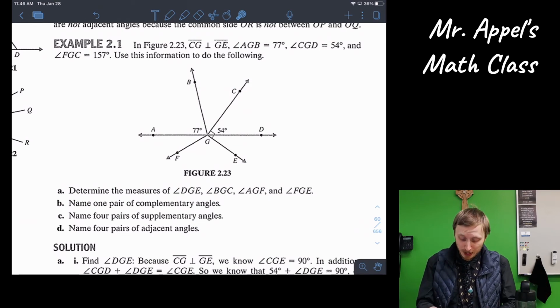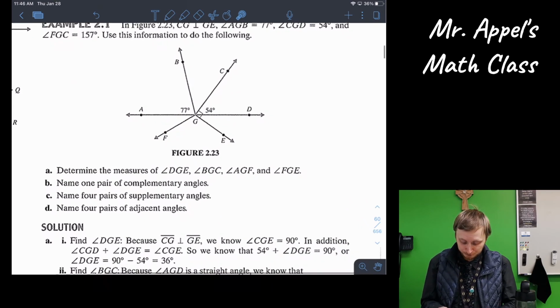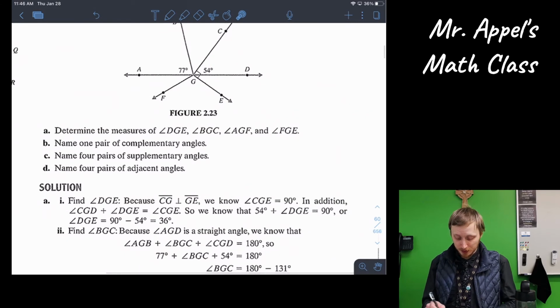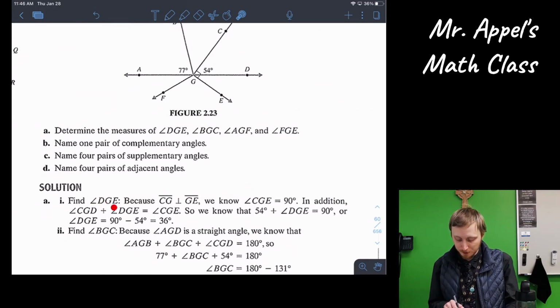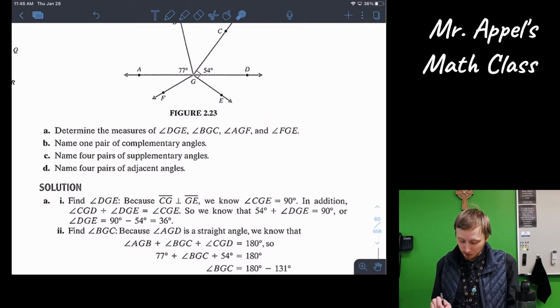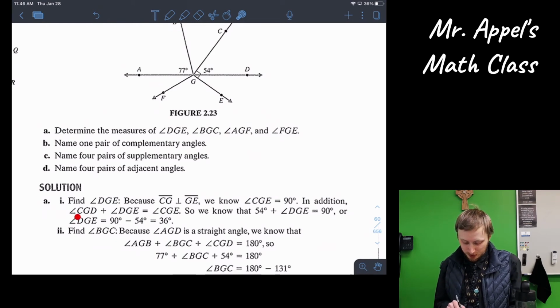Okay, now that you are back, let's look at the solutions. First, finding angle DGE. Because CG is perpendicular to GE, we know that CGE, that whole angle there, is 90 degrees. In addition, angle CGD plus angle DGE will equal angle CGE, right?